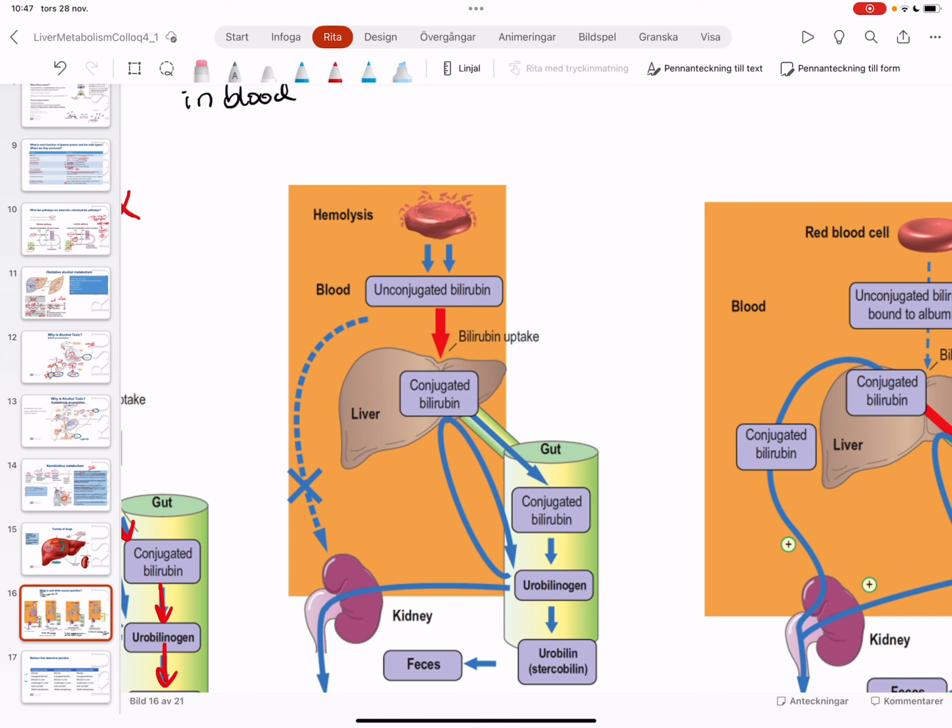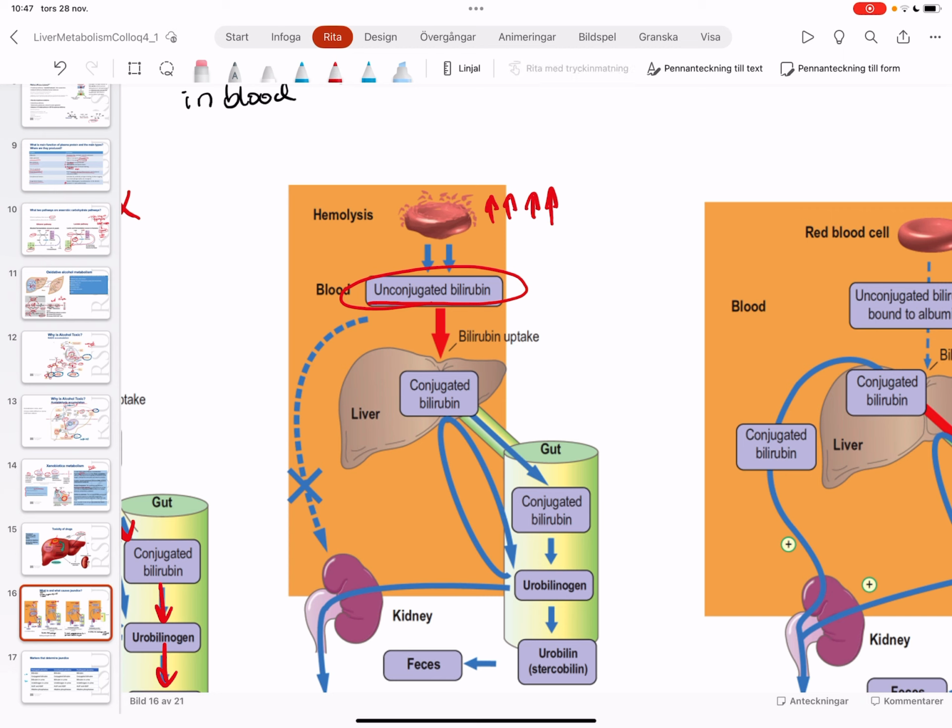The problem is that there is just a lot of hemolysis happening at one time. Therefore, there will be a lot of unconjugated bilirubin in the blood. The liver will be overwhelmed by how much bilirubin it needs to conjugate. It will conjugate a lot of it, but not everything. So the person will still look yellow.